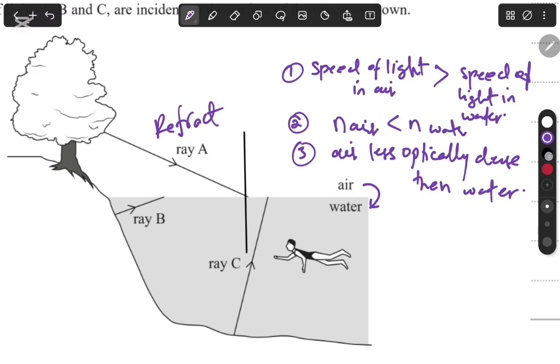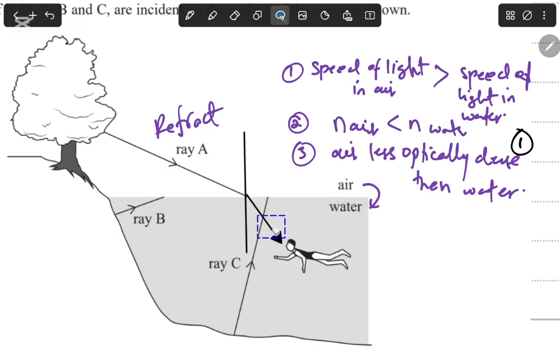Saying any one of these will get you 1 mark, and the next mark will be that your ray A will refract. Don't use the word bend, use the word refract. It will refract towards the normal.